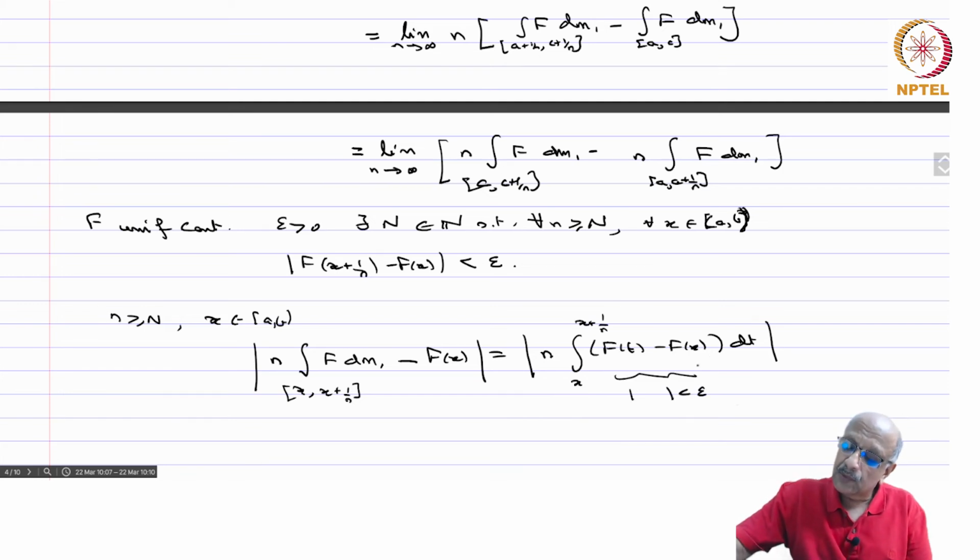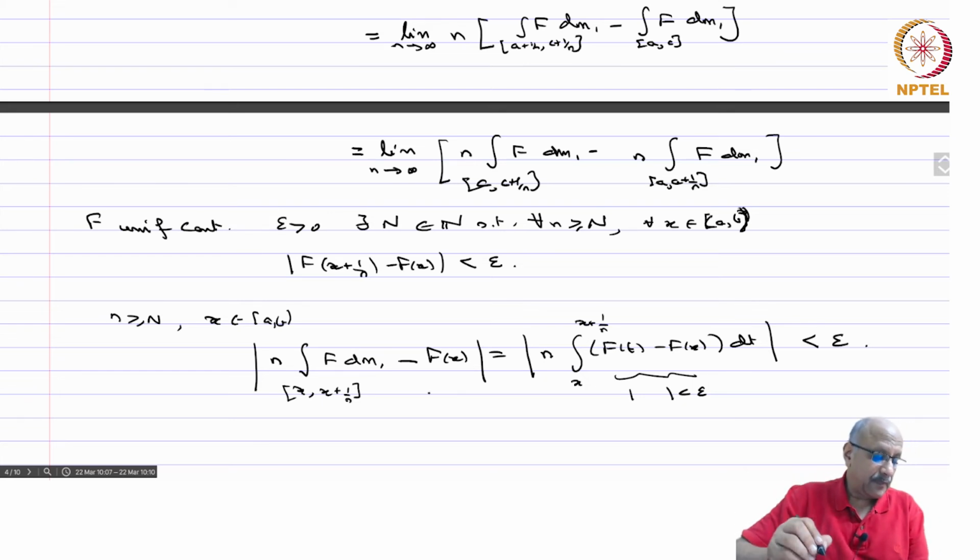Therefore when you bring it out, the n gets cancelled, so this is less than epsilon, for all n bigger than or equal to N.